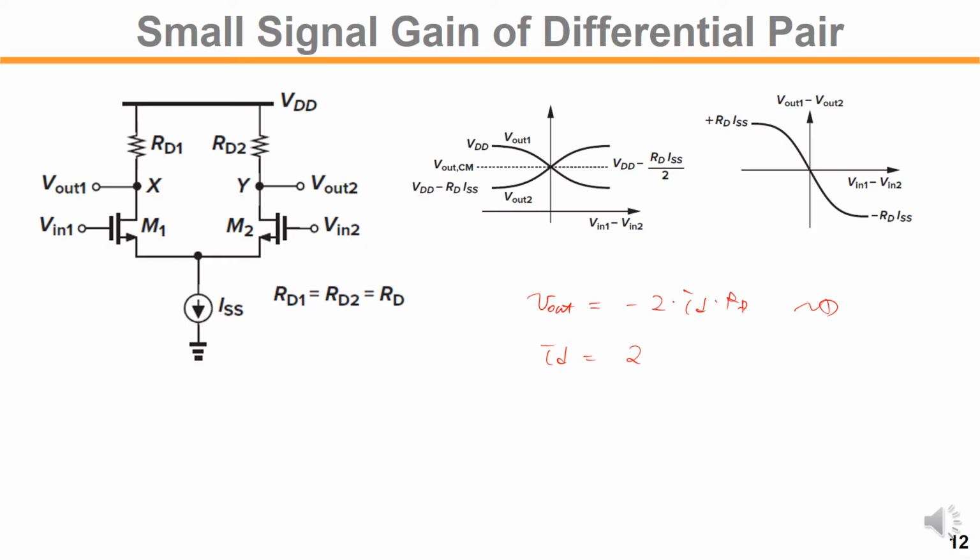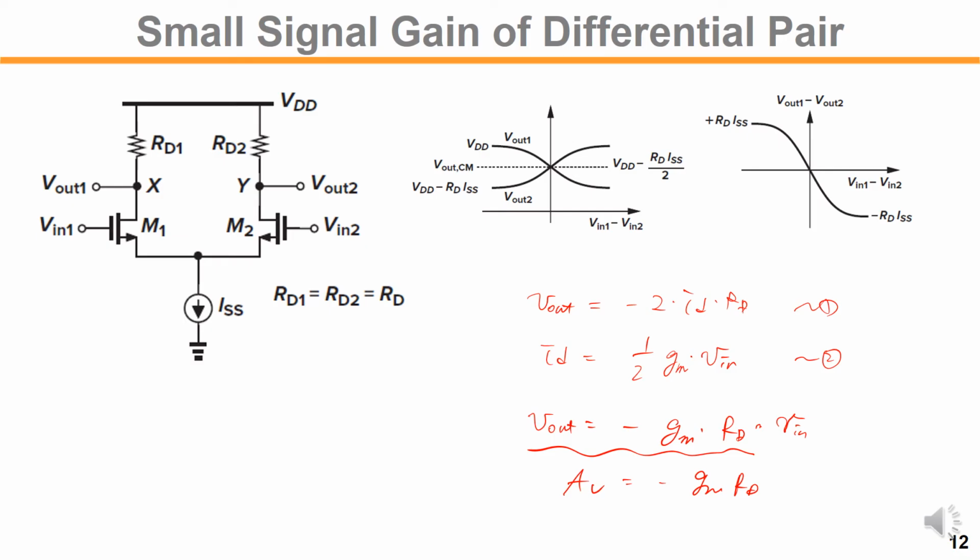Half GM Vin, the second equation. So finally, Vout would be what? Minus GM times RD times Vin. So AV would be minus GM RD.